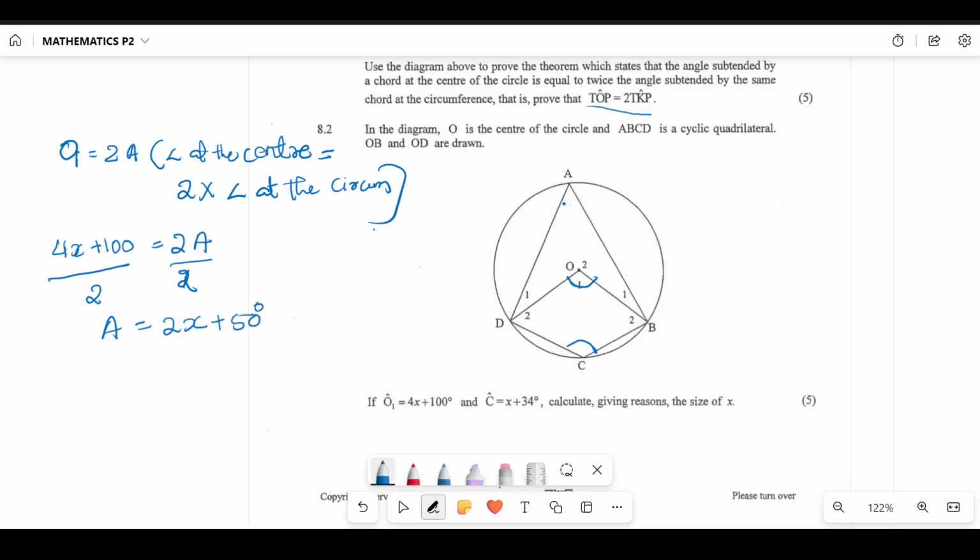Now that means you go to this angle A. Now look at the cyclic quadrilateral ABCD. Then these two are opposite angles of the cyclic quadrilateral. So you can say angle A plus angle C equal to 180, because opposite angles of a cyclic quad.